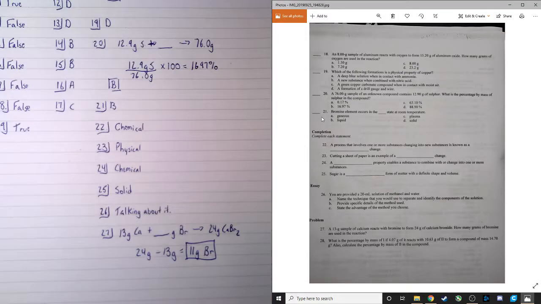When you do the math, you are left with 11 grams of bromine. So 13 grams of calcium and 11 grams of bromine form 24 grams of calcium bromide. Should be fairly straightforward. That is number 27.